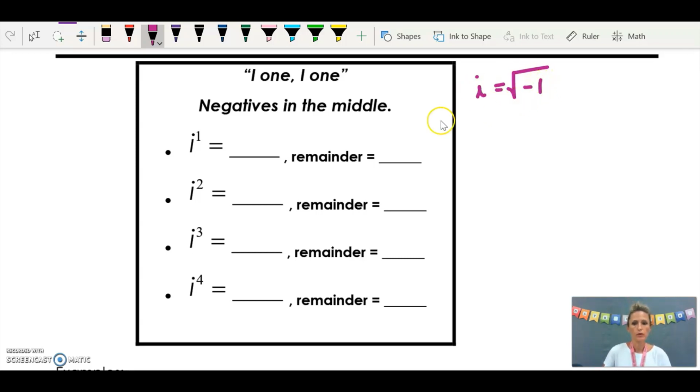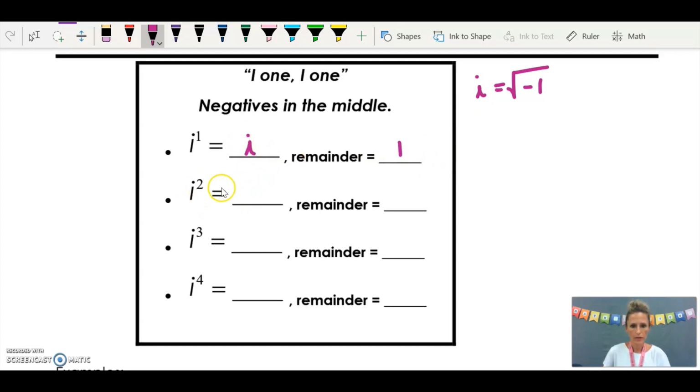The simplest form is actually to call it i. Okay, so when we're simplifying powers that are higher, we'll be dividing, and the remainder we'll be looking for is 1. Anytime we have i to the first power, it'll simplify to i.